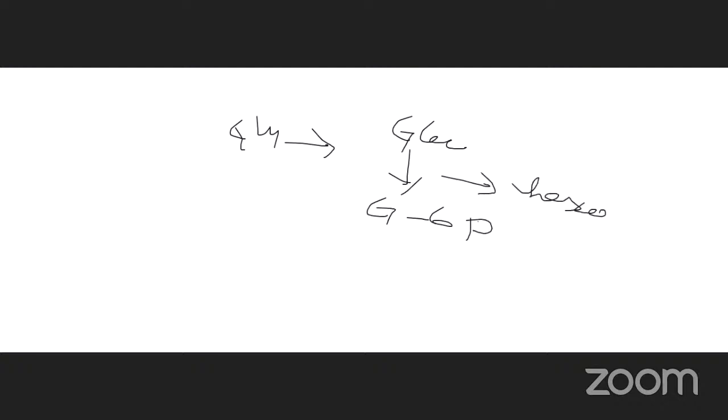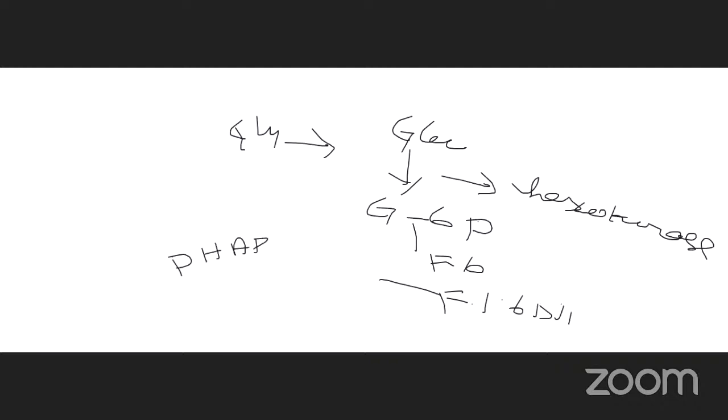Just for intro only, because you already know about glycolysis. Glucose is converted to glucose 6-phosphate with the help of the enzyme hexokinase. Then glucose 6-phosphate is converted into fructose 6-phosphate, then to fructose 1,6-bisphosphate, then to dihydroxyacetone phosphate and glyceraldehyde 3-phosphate.